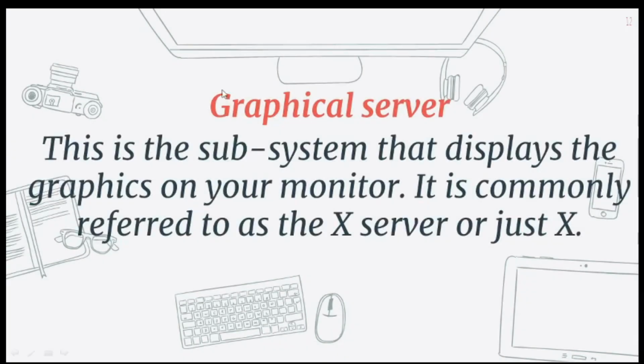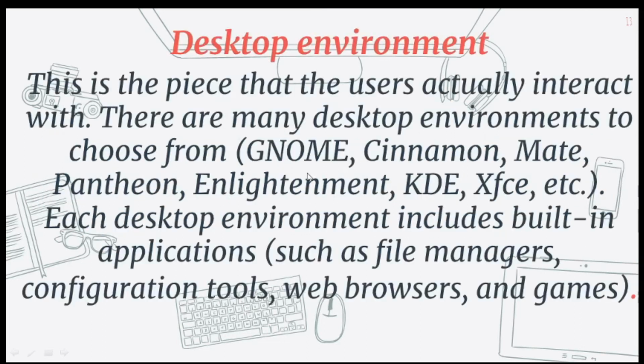The fifth piece of the Linux OS is the graphical server. This is the subsystem that displays the graphics on your monitor. It is commonly referred to as the X server or X. Okay, next is the desktop environment. This is the piece that the user actually interacts with. This is the end user environment.